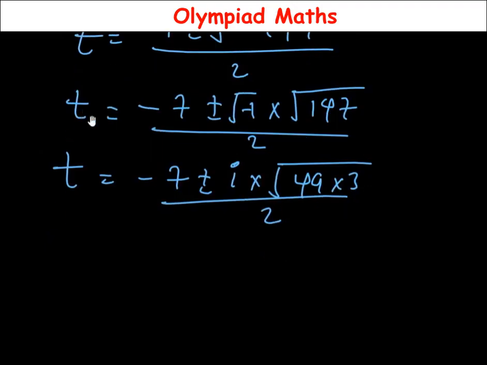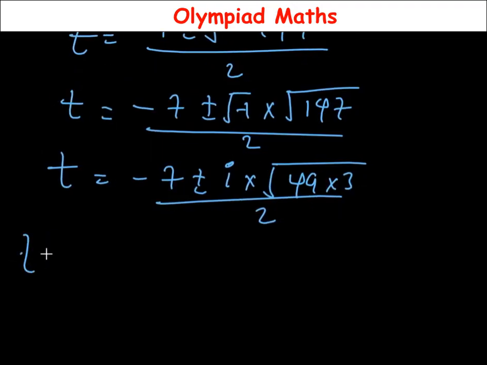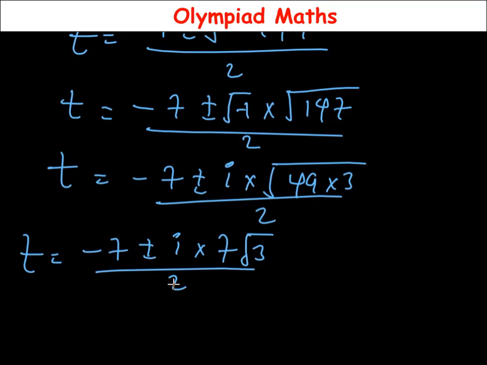So solving for the value of t, it is then equal to minus 7 plus or minus i times root 49, which is 7, then times root 3, all over 2. So with this, let us factorize out 7 over 2. So t is equal to 7 over 2 in brackets, here becomes minus 1 plus or minus i root 3.